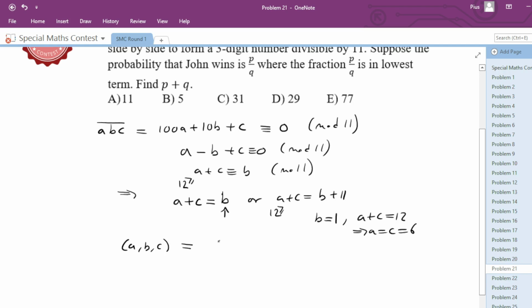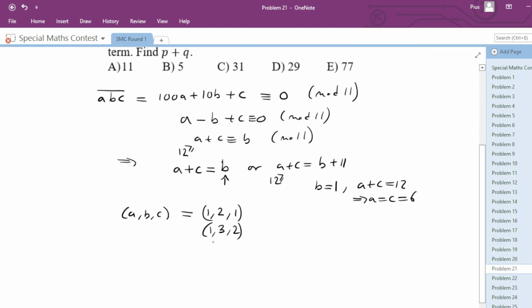So we can have B is 2, and A and C will both be 1. Or we could have B is 3, where A is 1, C is 2, or A is 2, C is 1. I'm not going to write that one because I'm going to explain a bit. So let's write the others.